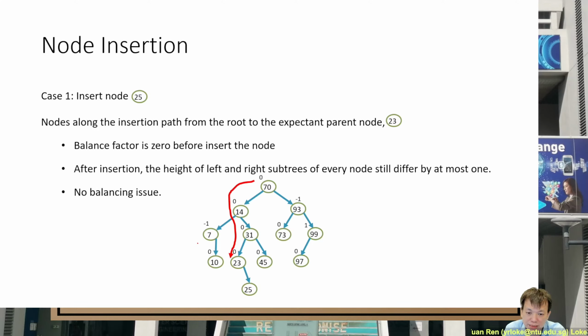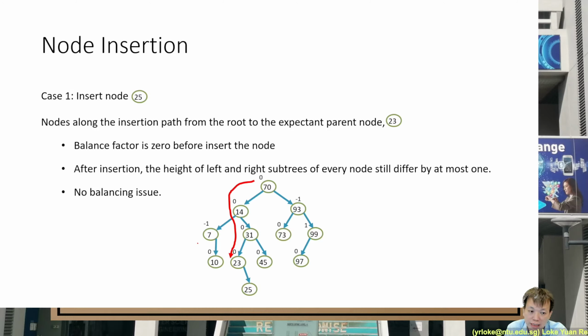Then 70 is 1, 2, 3, so here is 3, here is 2, 3 minus 2, still 1, so it's at most 1. So the heights of the left and right subtree of every node still differ by at most 1. So this is considered a balanced AVL tree or balanced binary search tree.